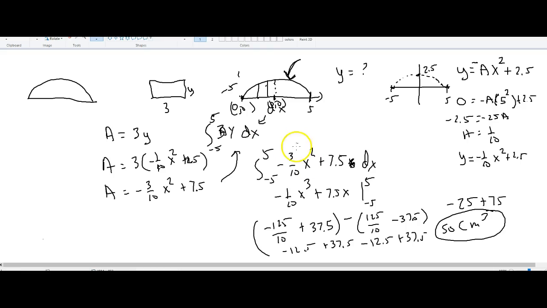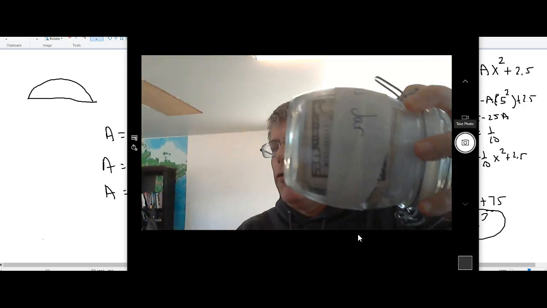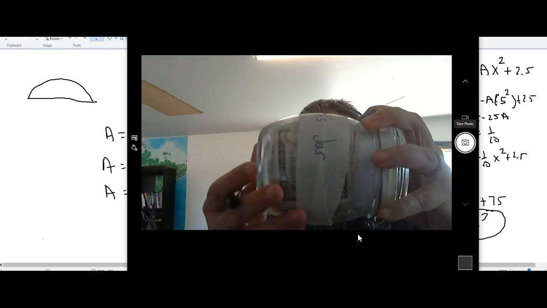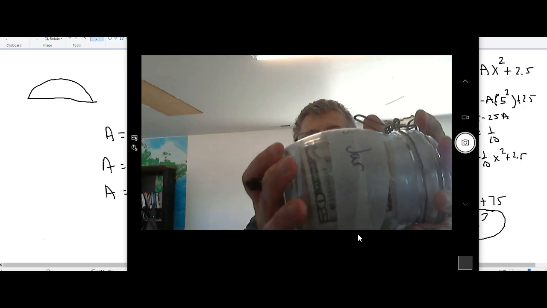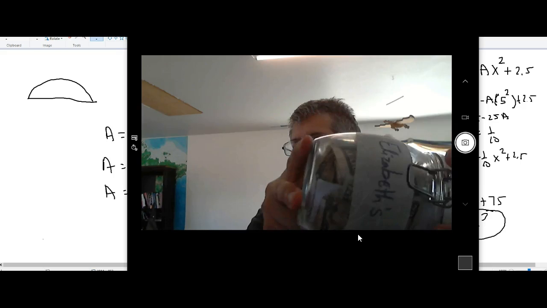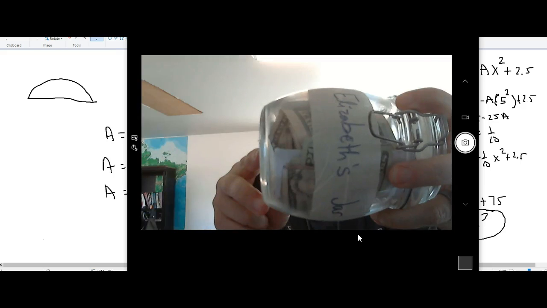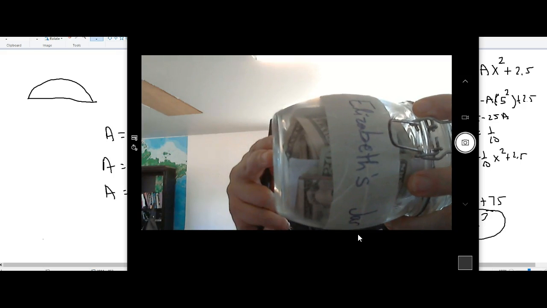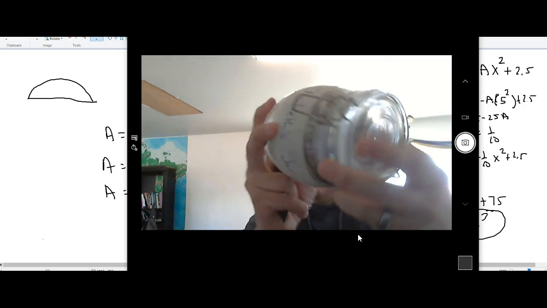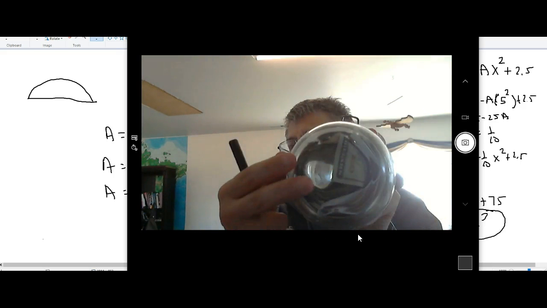Now, you're like, okay, how useful is this? Well, it's useful for lots of shapes. Take a look, here's a jar. If I don't count the lid, you can see it's smooth across the top here. If I wanted to figure out the volume of this thing, or how much water would go in, not counting the lid, well, it's circles I'm walking through, and the circles are changing size.